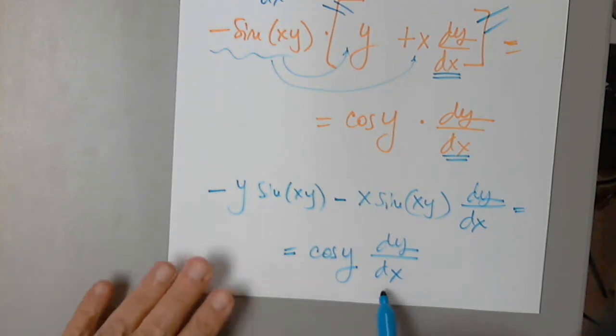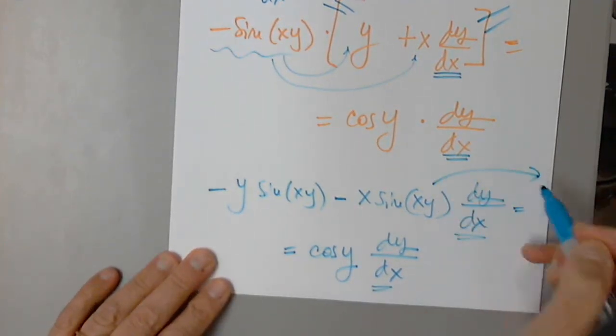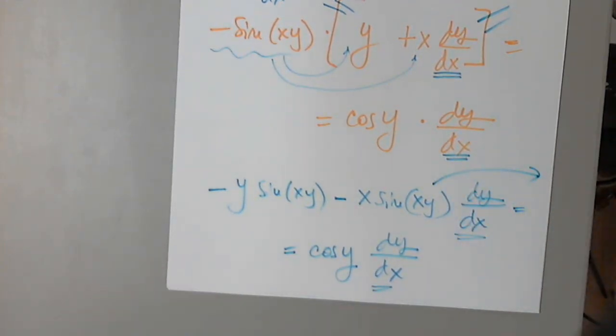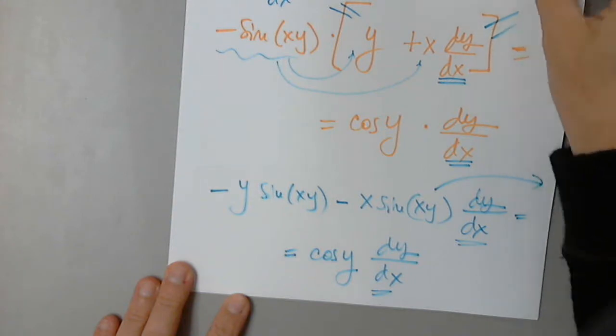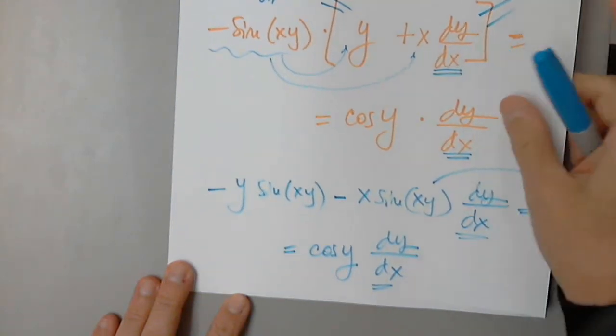Only now I will move this term to the other side. So I'll move the second term next to cosine y dy over dx because they both have dy over dx, and I leave alone the negative y sine xy. Questions? Is this okay, everyone?